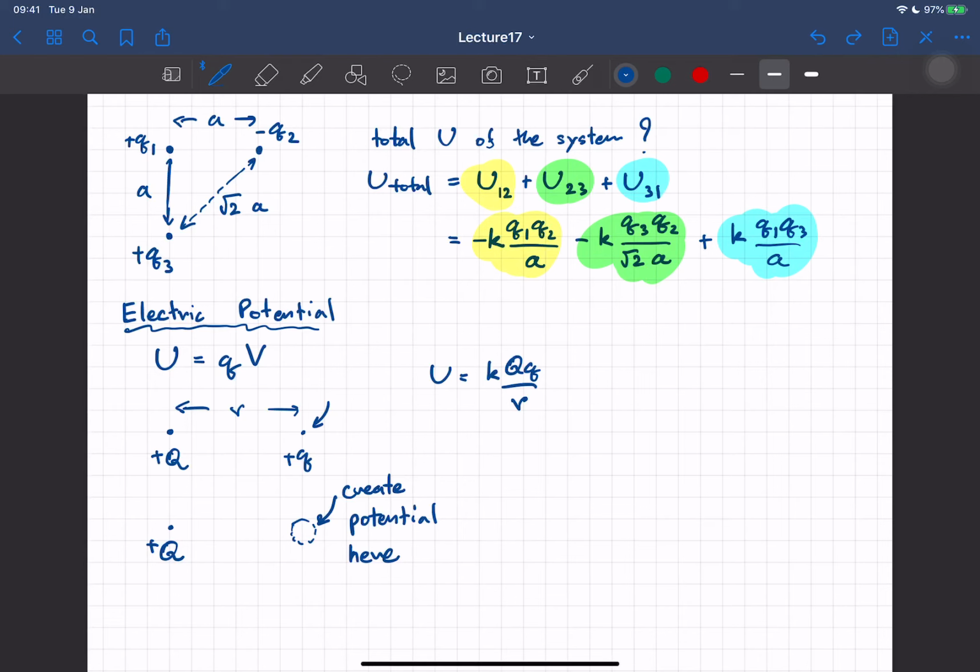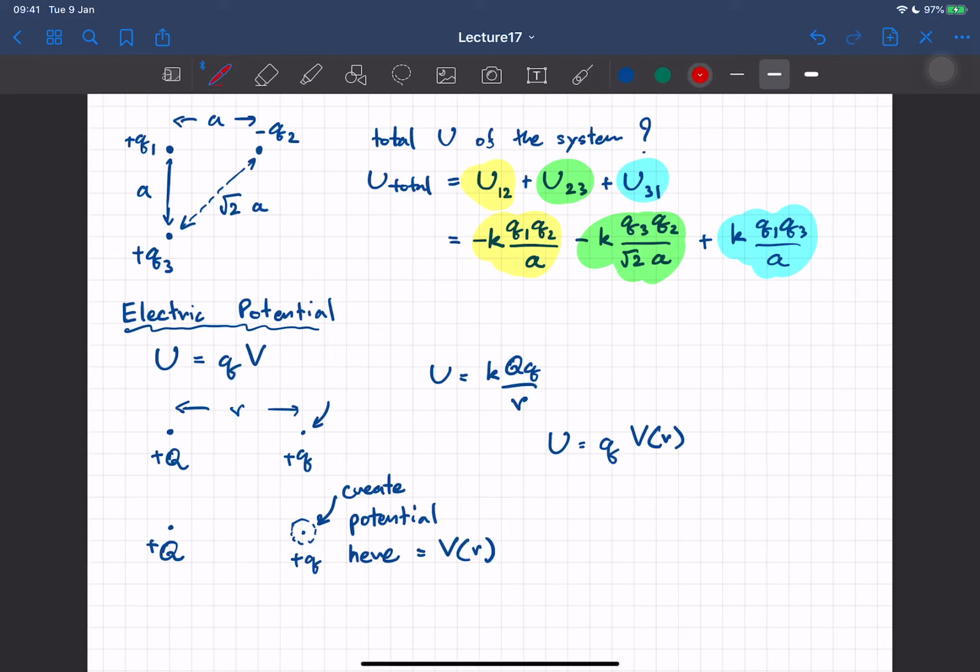So in other words, let's say it creates the potential here equal to V, which is also a function of R. Okay, so once you put the charge q here, then the potential energy can be calculated by q times the potential at that point.